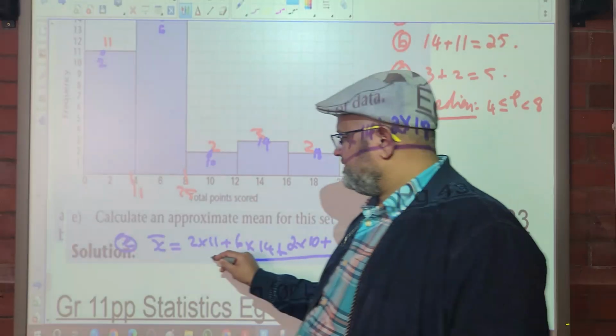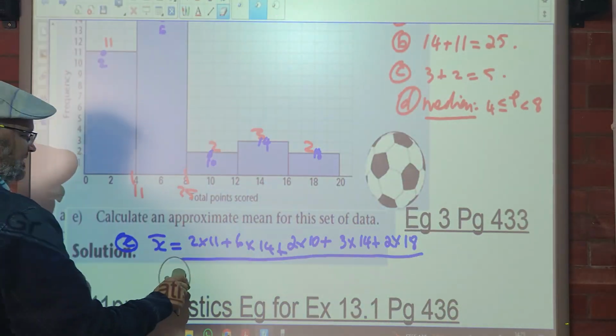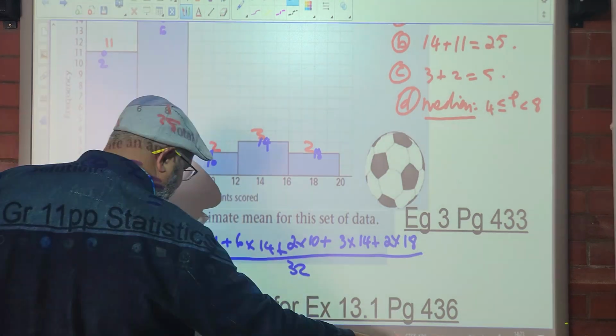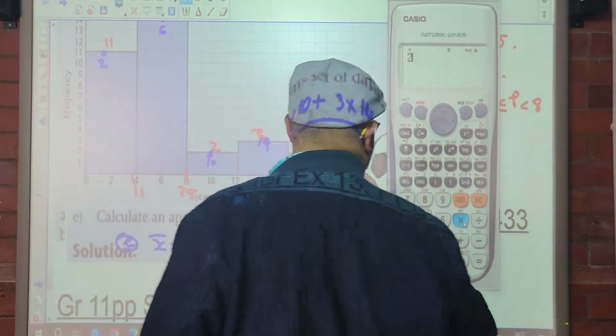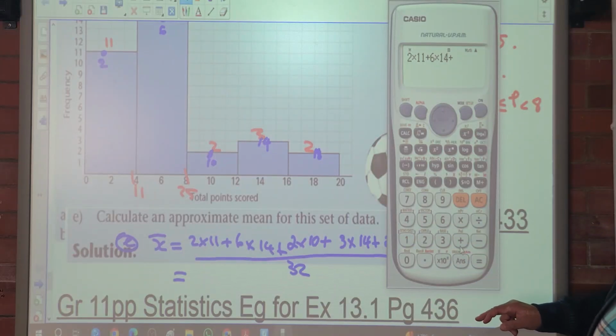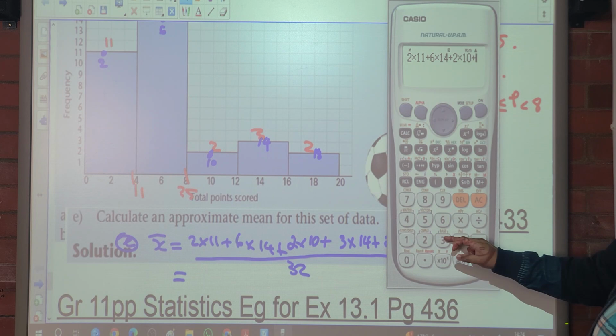And this is all over, how many teams are there in total? 32 teams.